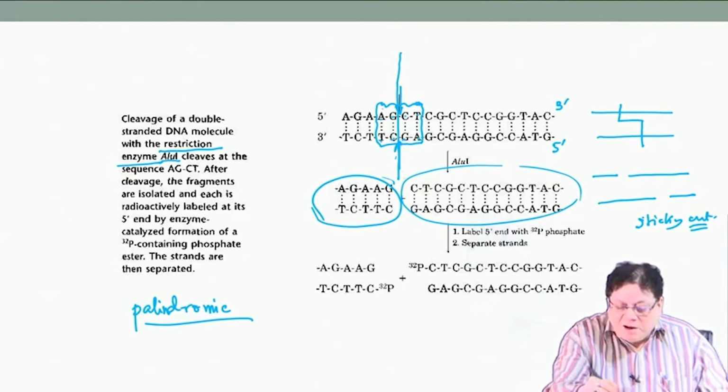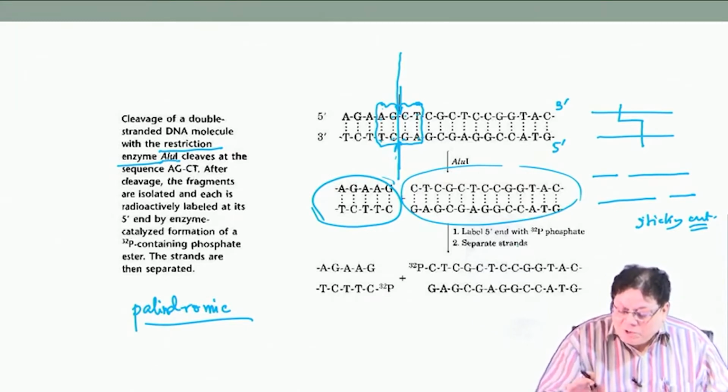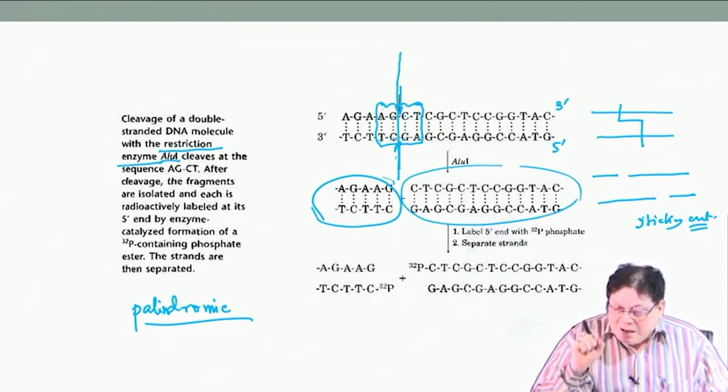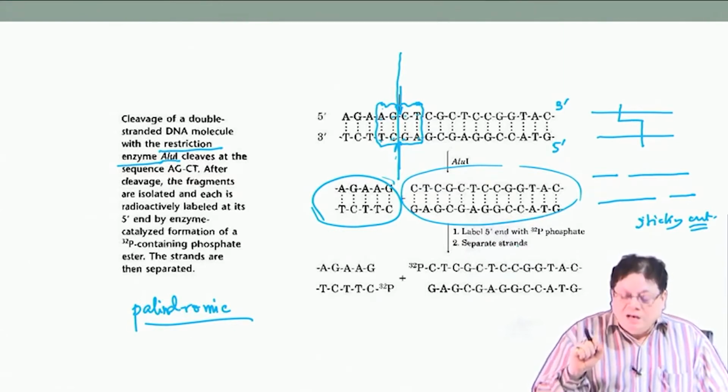And so, there is a blunt cut. So, now you have a manageable DNA double helix. Okay. Now, as I said, before you proceed, you have to put a label, a reporter system into this molecule in order to identify it later when you do the gel electrophoresis.